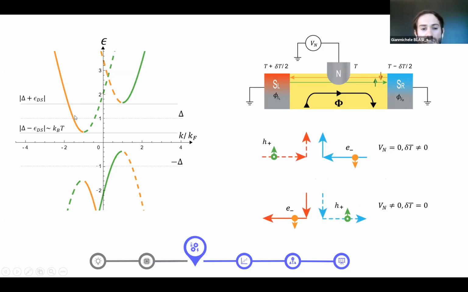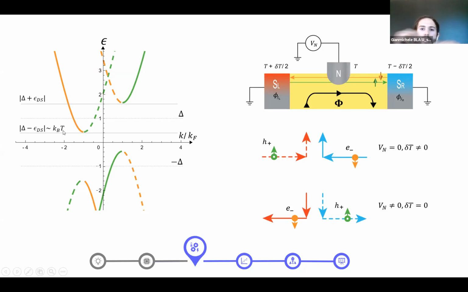That means that in this case, we are just exciting the states available at the bottom of this parabola, which are constituted mainly by right-moving quasi-holes and left-moving quasi-electrons.